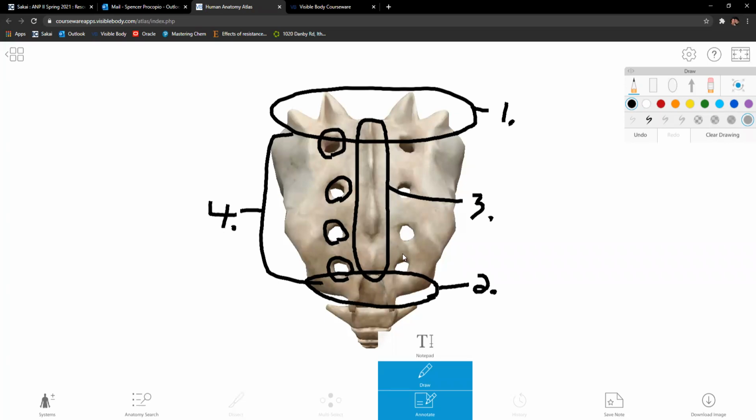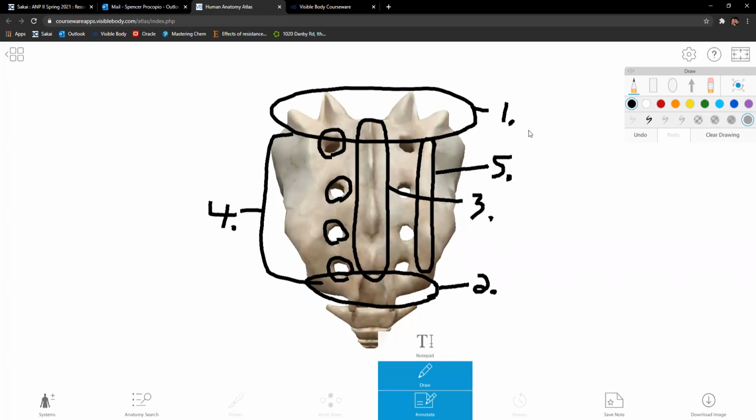So what are those called? And then finally, from this angle, we're going to label this landmark right here, right on the other side of these holes. So this will be number five. All right, so pause the video, answer what you know, and then we'll come back and go through them together.